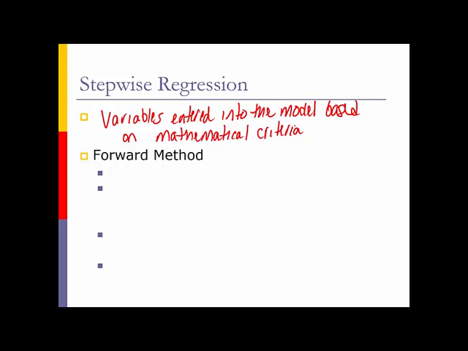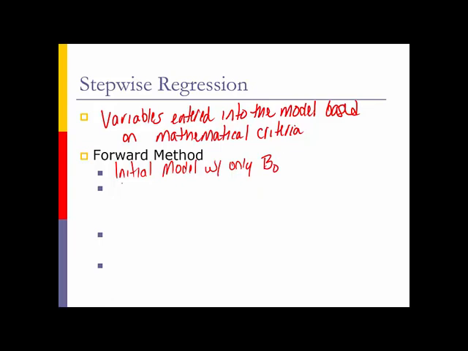So there's a couple methods to do this. The first method is the forward method. And when we have that, we have an initial model, and it only has B0, which is our constant.